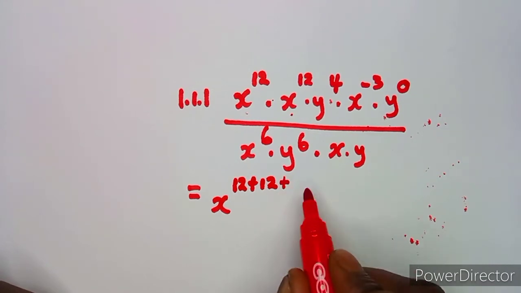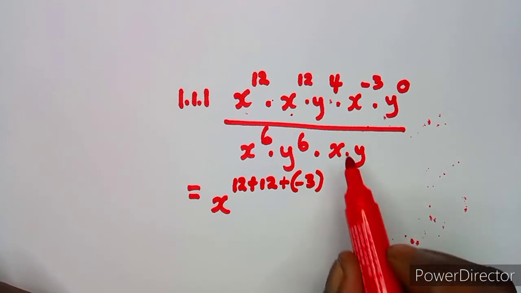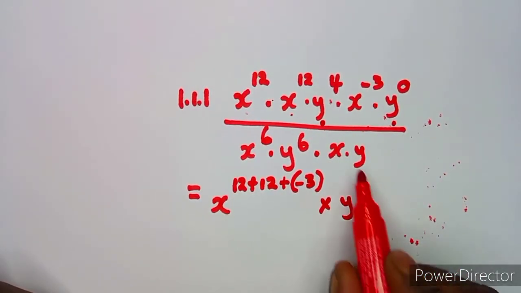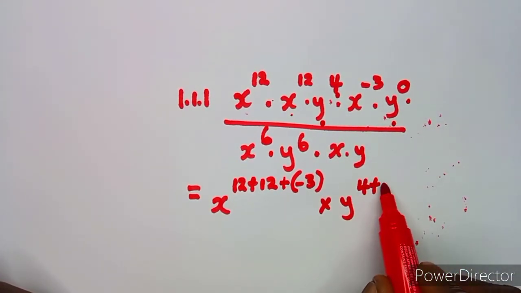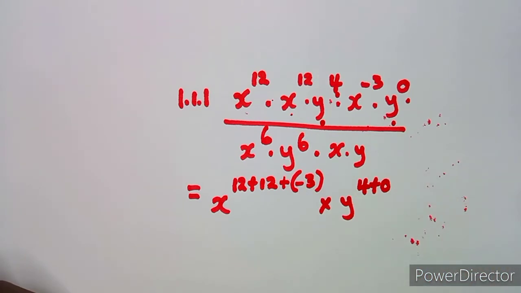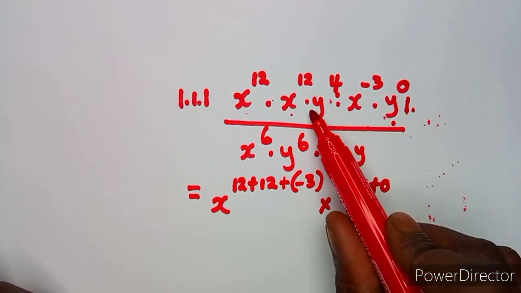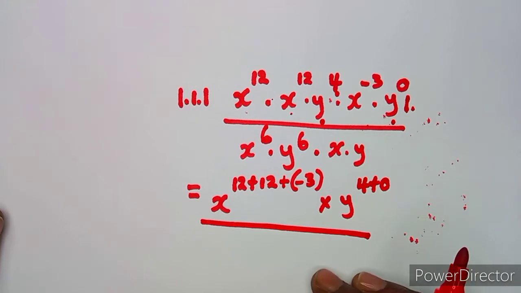We add the exponents together. It's the same thing for y, y to the exponent of 4 plus 0, that's 4. Or you can say this is the same as 1, so it's 1 times this, y to the exponent of 4. There's no change there.